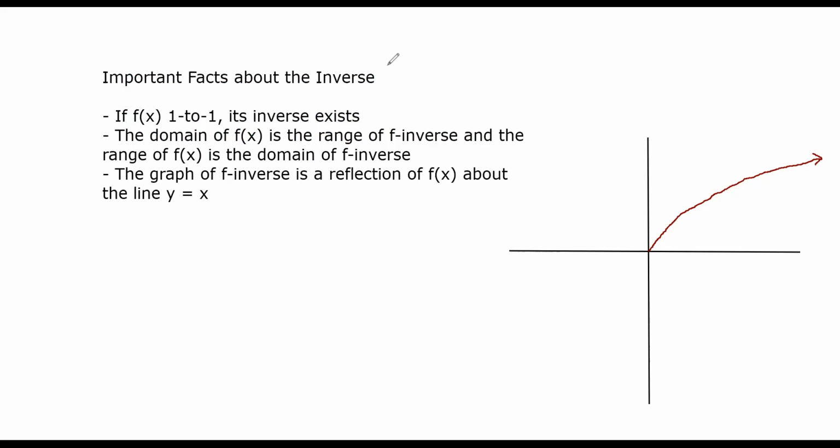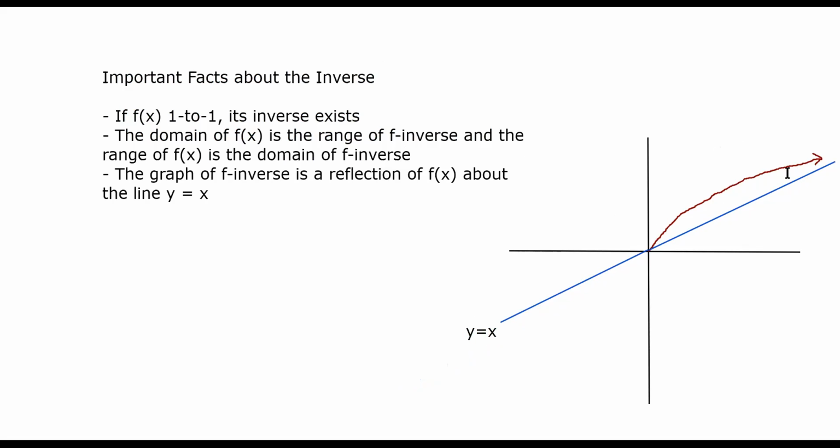Here is the line y equals x. It's not going to be an actual function that we're looking at. It's going to be a line by which we can reflect this one here. So here's the line y equals x.